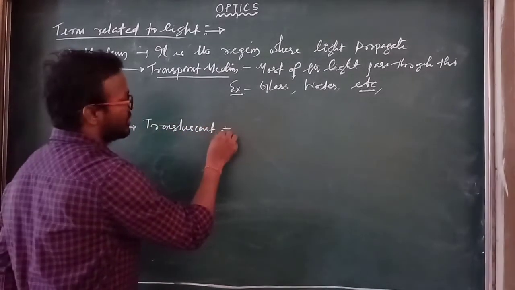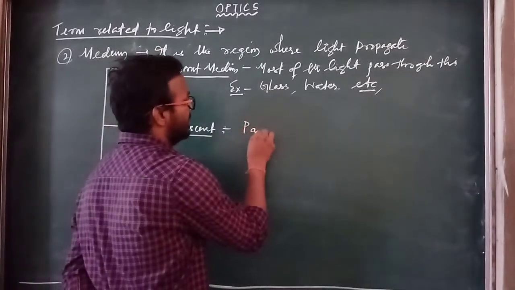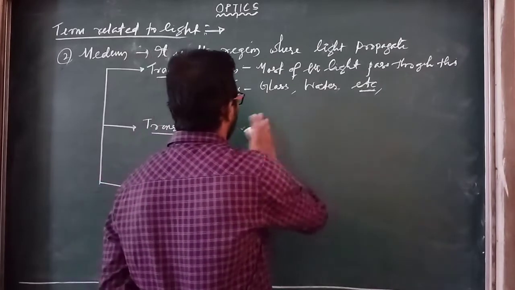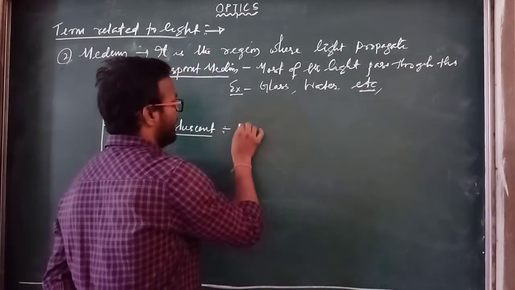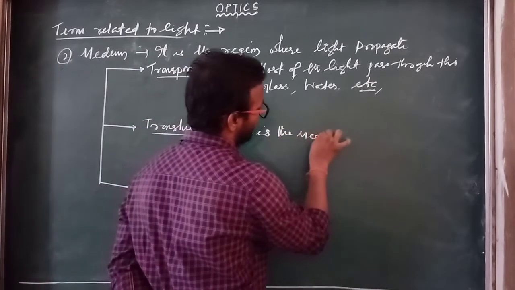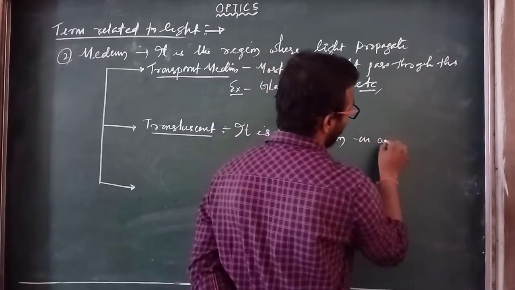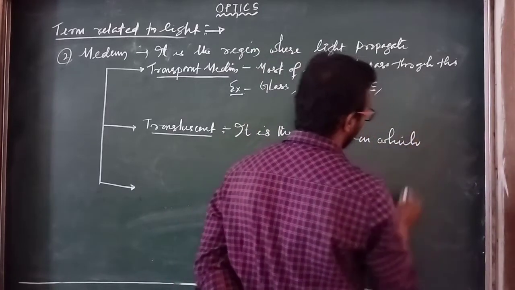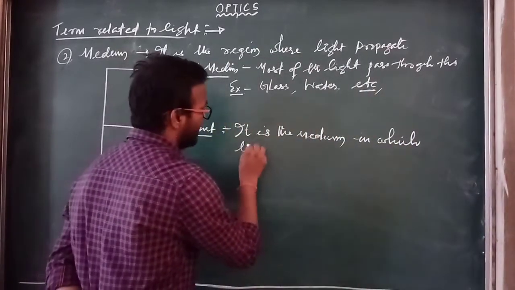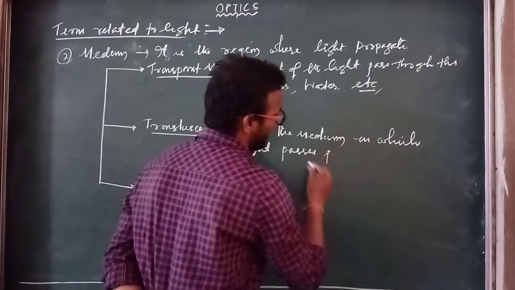What is translucent medium? It is the medium in which light passes partially.